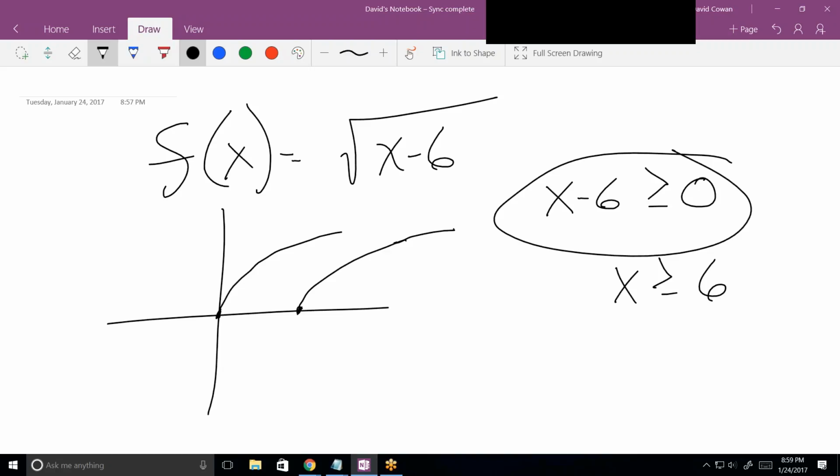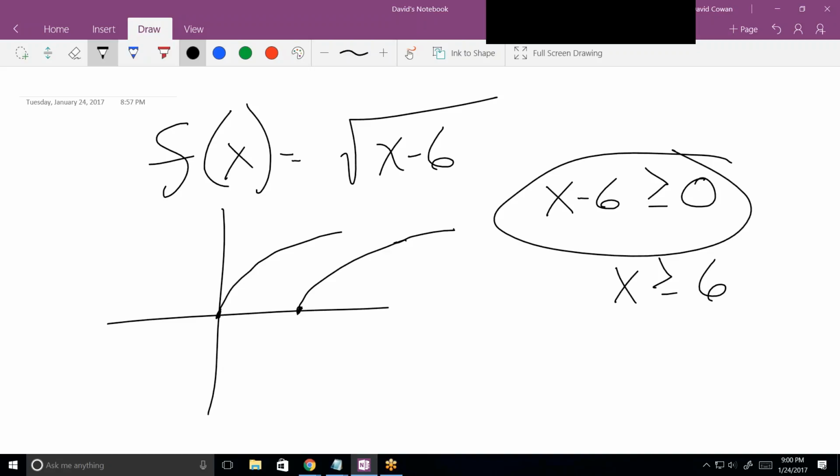Okay. What's the domain on 22? The domain on 22 is just all real numbers. What's the range? All real numbers as well. Correct. Awesome. And let me see if I can find another interesting one.